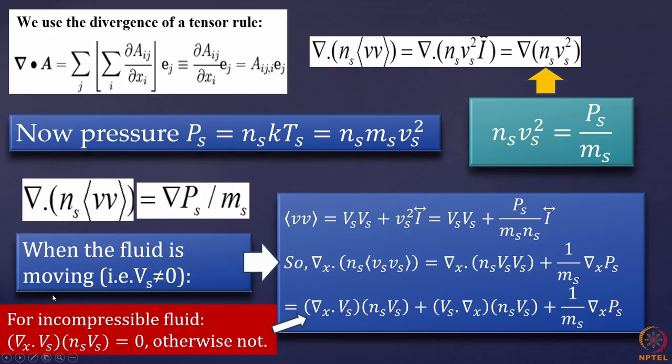Okay, so we can write this as: Ps comes over here, so ns vs square, and we put it over here, so this becomes grad Ps divided by ms. So this tensor quantity, when evaluated, we get divergence of ns vs Ps equal to grad Ps by ms. This is the case when you assume that the plasma is stationary.